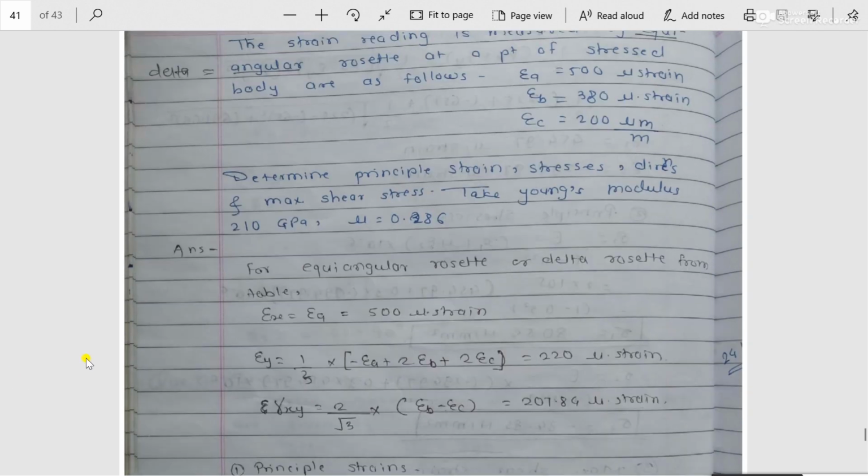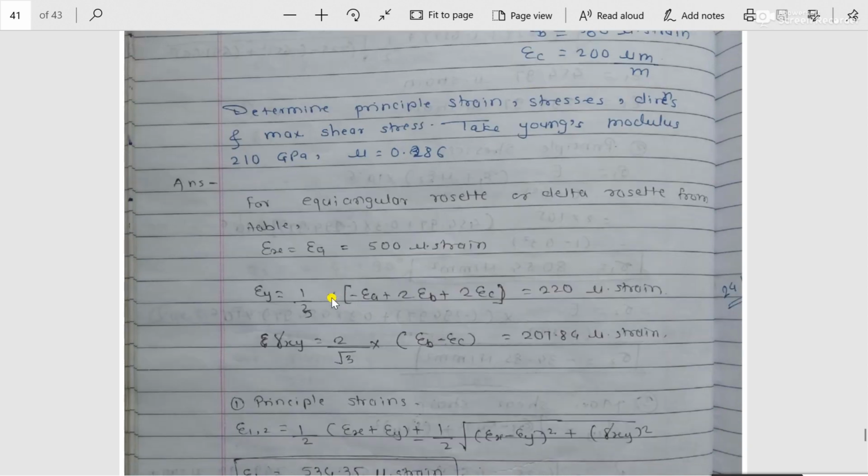So like that, by using the values of epsilon A, B and C, I have calculated the values of epsilon x, epsilon y and gamma xy by taking the reference of that table and by taking the formulas of the equiangular rosette or the delta rosette from that table.